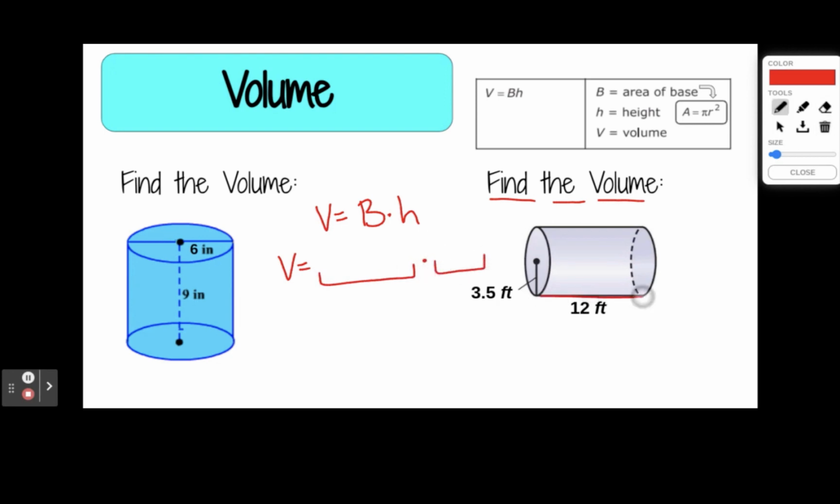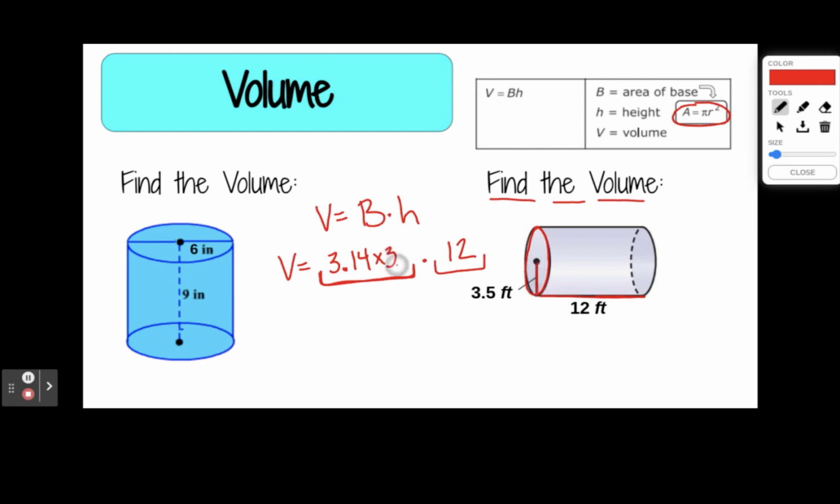Remember we said that the height was 12. So I'm going to put 12 there. And then I want the area of the big base, and that's the circle here. So to find area of the circle, I take pi, which is 3.14, and I multiply that by the radius squared. And the radius is given here, and that's 3.5.